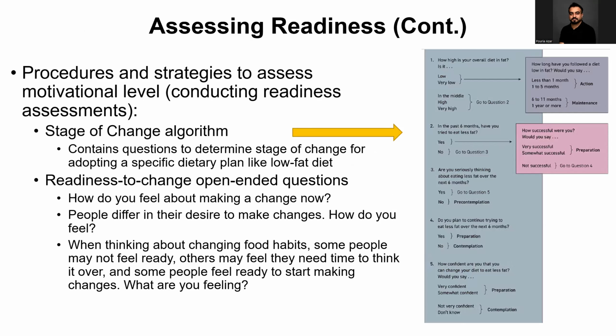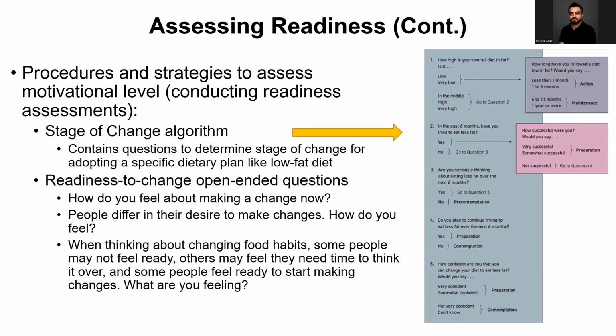The second way to assess the readiness or the motivational level is readiness to change open-ended questions. So, for example, we can ask, how do you feel about making a change now? People differ in their desire to make changes.